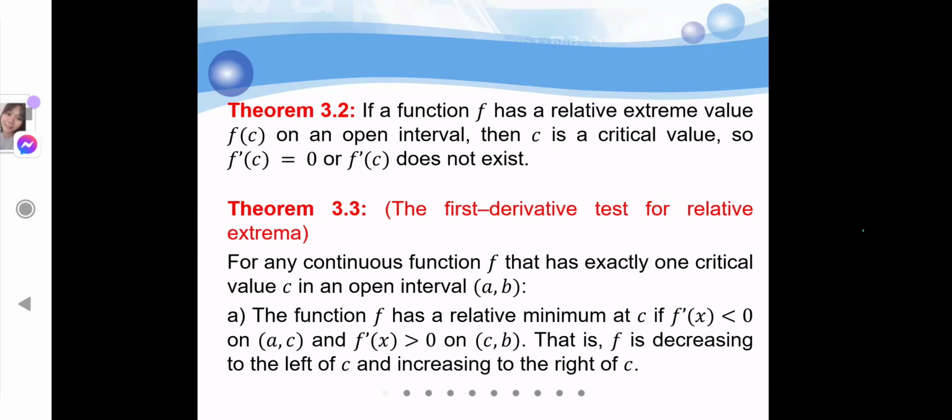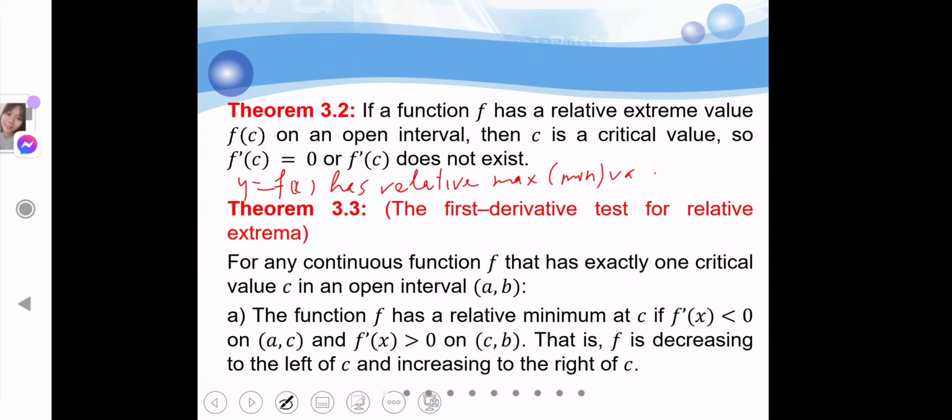That means the given function y equals f(x) has relative maximum or minimum values at c.